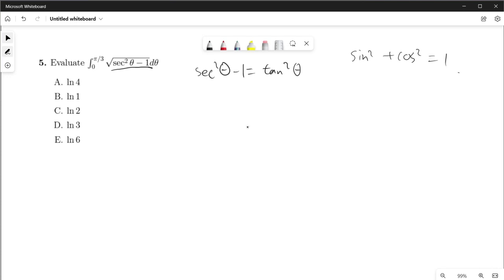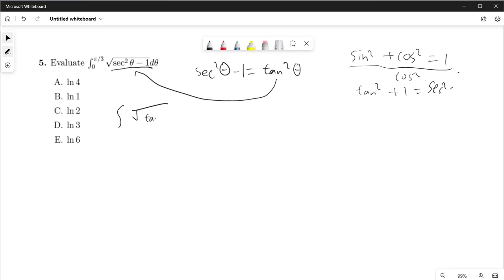If you just divide both sides by cosine squared, then you have tangent squared plus 1 equal to secant squared. But here, we can just plug that in, right? The tangent squared could just go in. I have just the square root of tangent squared theta d theta, which is tangent theta d theta, right?